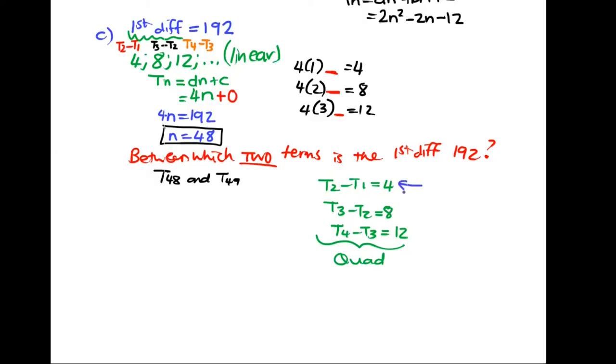But which term in our linear pattern, let's use a different color here, was 4? In our linear pattern, 4 was the first term, 8 was the second term, and 12 was the third term.